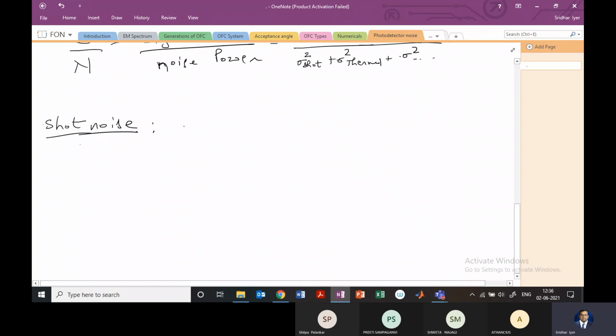And this is given as, we'll denote this as sigma square shot, that is the subscript. It is given as 2 q I_P B_E, where q is the charge on the electron, I_P is the photocurrent, and B_E is the bandwidth of the receiver. And sometimes you could have a gain or multiplication factor M square, and F(M), which is known as the noise figure, where M is the multiplication factor.